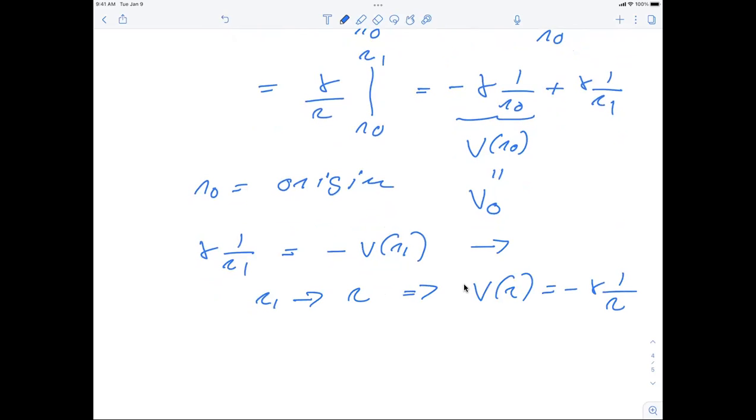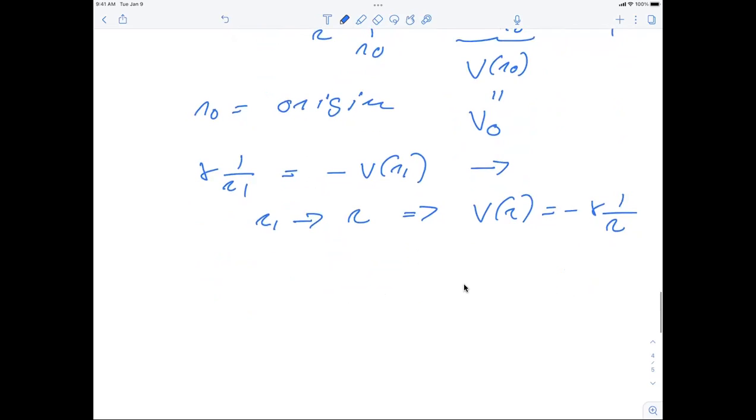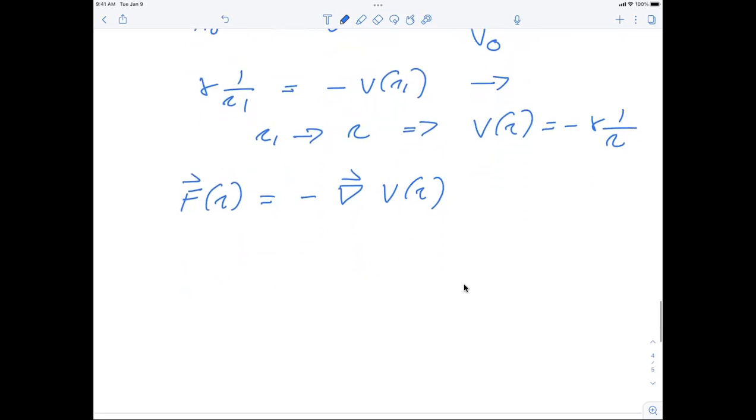And then we remember that f of r is given by the gradient of this potential v of r. So when I now have the potential itself, I can calculate the gradient. Now we have to be a little bit careful, because we need to look at the expression for the potential.